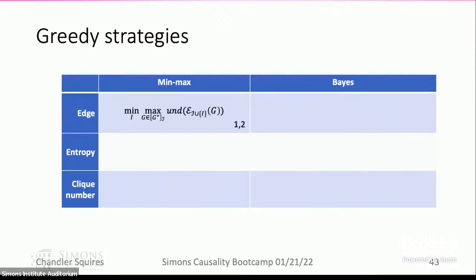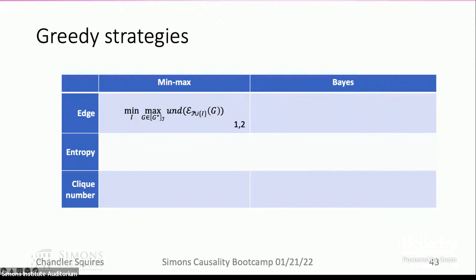So I divided the types of greedy strategies we might consider into 2 columns. You might consider on the left a worst case, where what you're trying to do is greedily pick interventions. If you take your current intervention set as this calligraphic I, then you're trying to pick an intervention that you can add to that set.